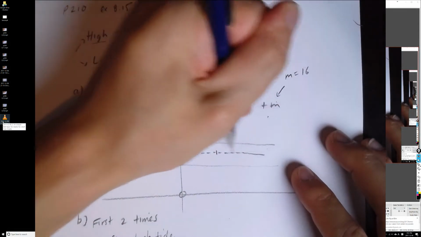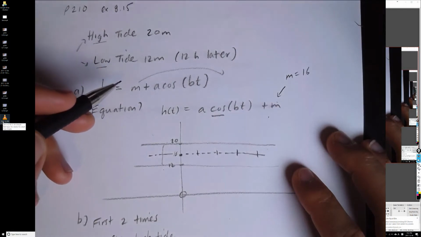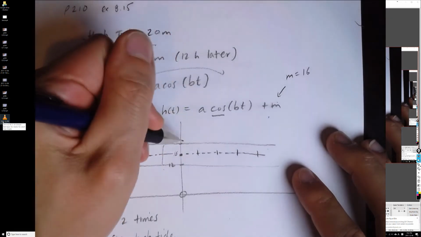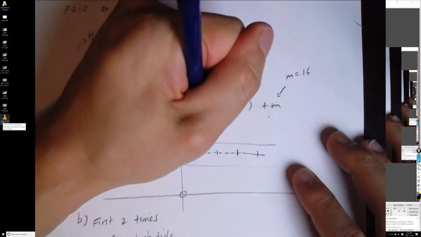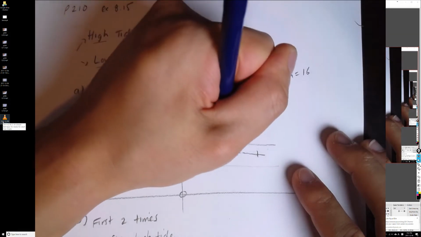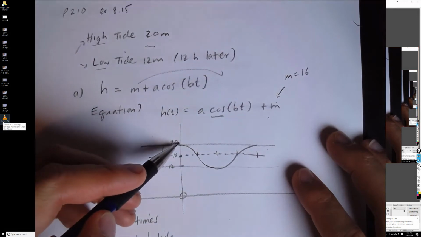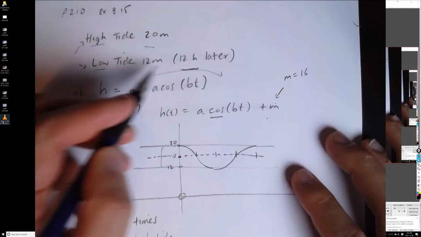I'm going to go pow, 4 subsections. And this is going to help me sketch cosine. High tide is at 20, and cosine goes quarter circle, quarter circle, quarter circle, quarter circle. So this is high tide. 12 hours later, we have low tide.